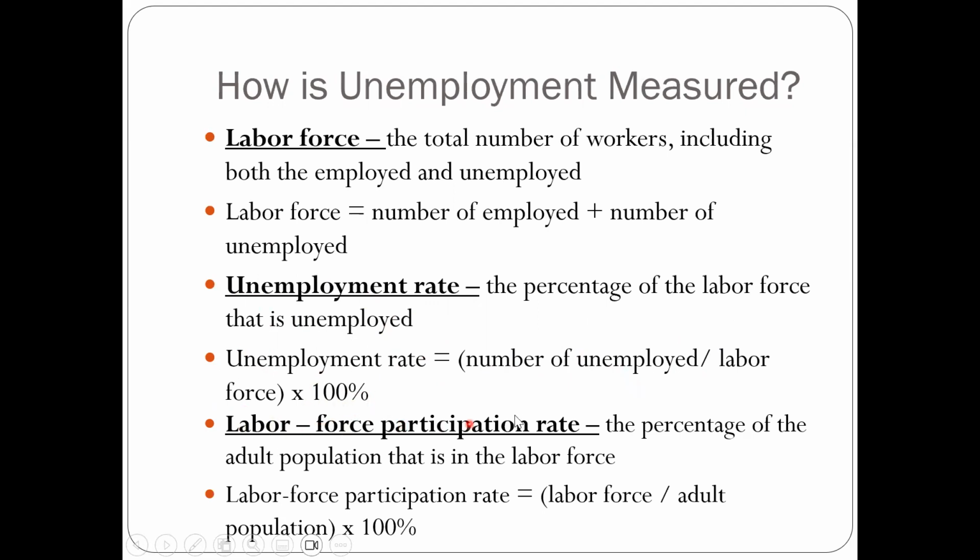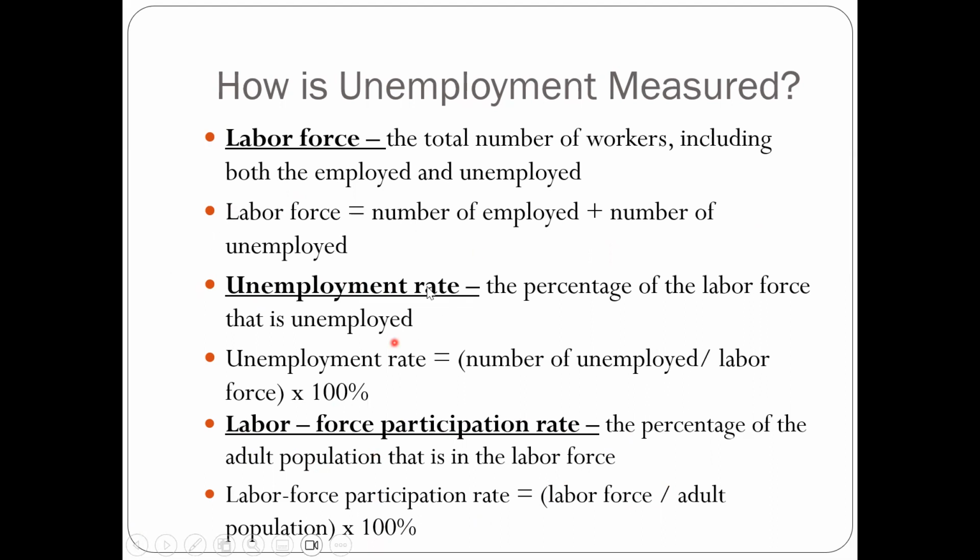For the labor force participation rate, it's the percentage of the adult population that is in the labor force. The labor force participation rate is equal to the labor force divided by the adult population, multiplied by 100%. So first, we can obtain the labor force from the number of employed plus the number of unemployed.